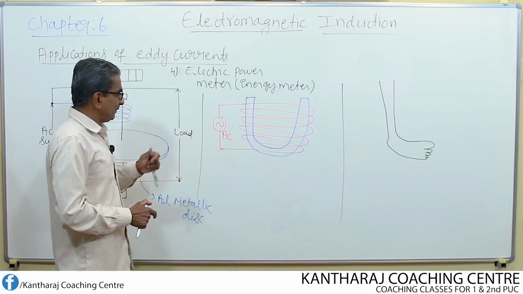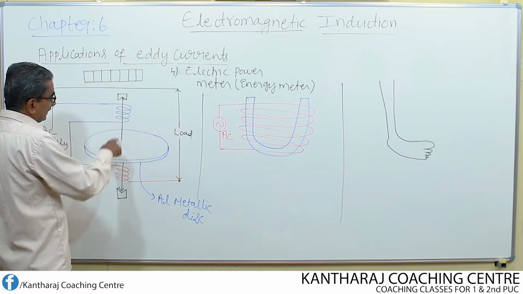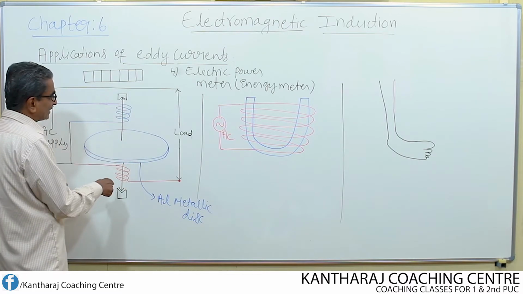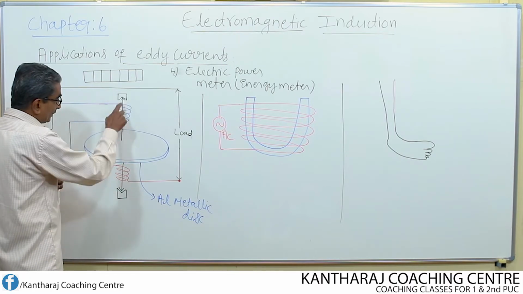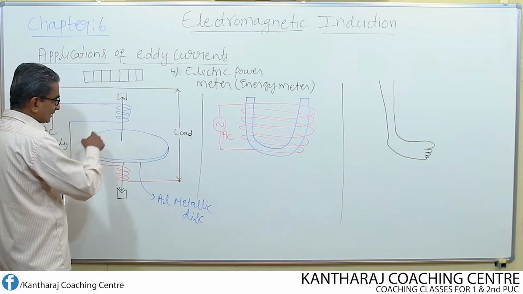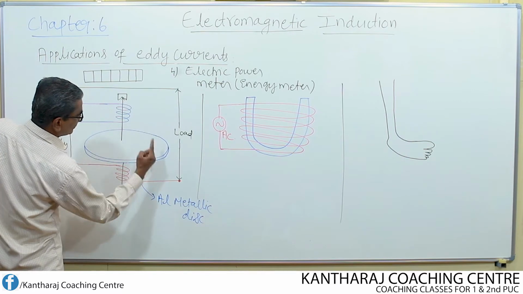So, a shiny aluminum metallic disc. This disc is made to rotate with the help of one thin axle, mounted over two supports. These are the two supports over which the disc is mounted with the help of an axle, so that the disc can rotate like this.